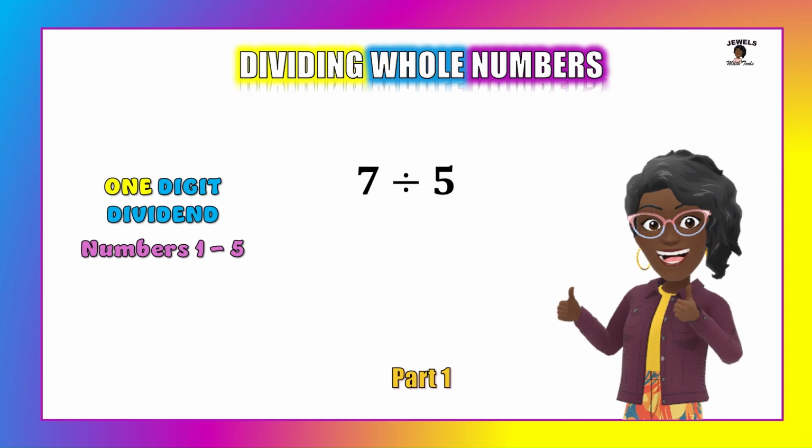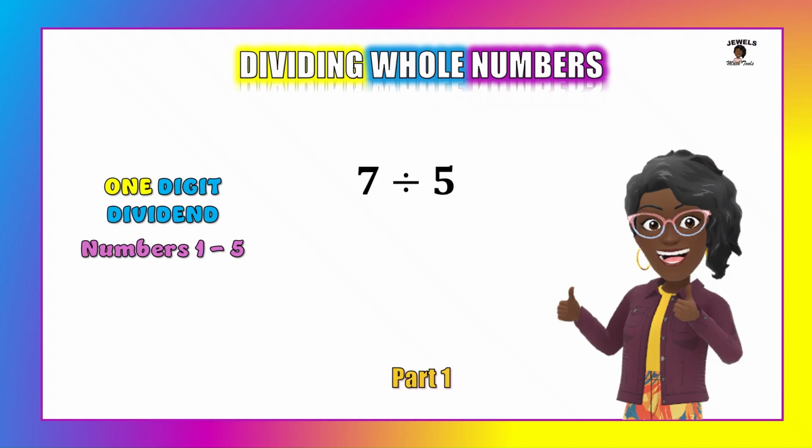In this session, we're going to begin diving into division, and we're going to begin by using our one-digit dividend, and we're using numbers that range from 1 to 5. Now, when it comes to division, I usually teach division in my class by using the same number and just changing the divisor as we work through the question.